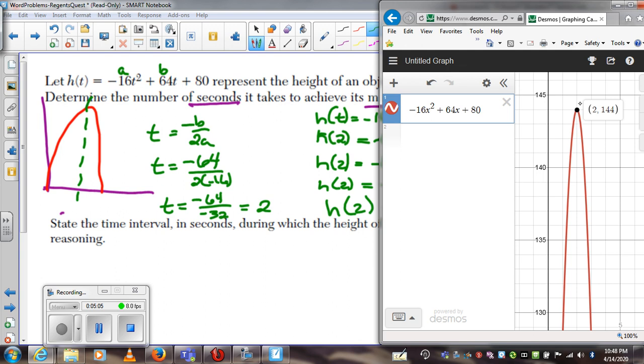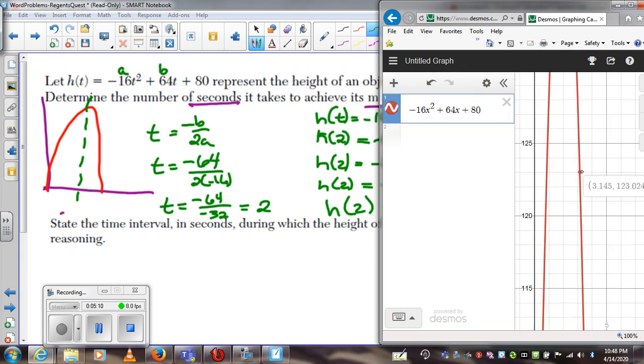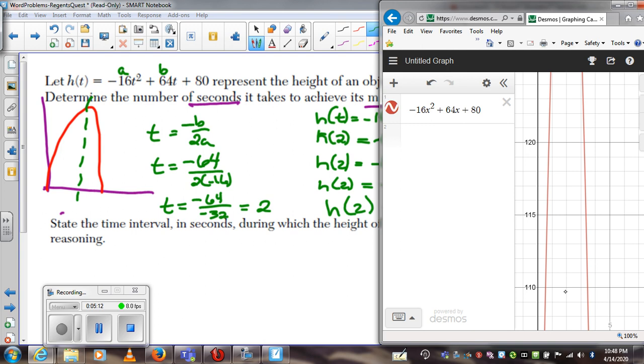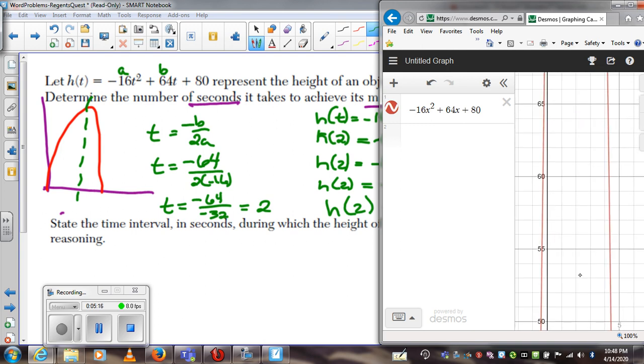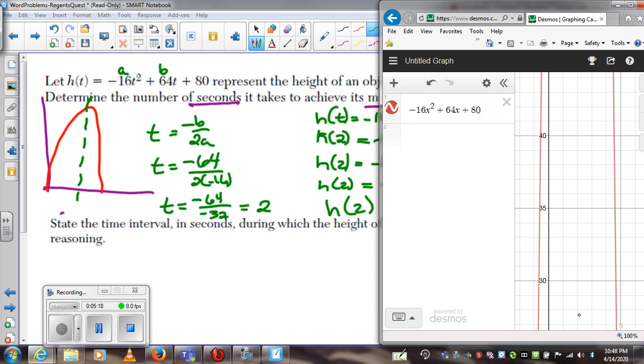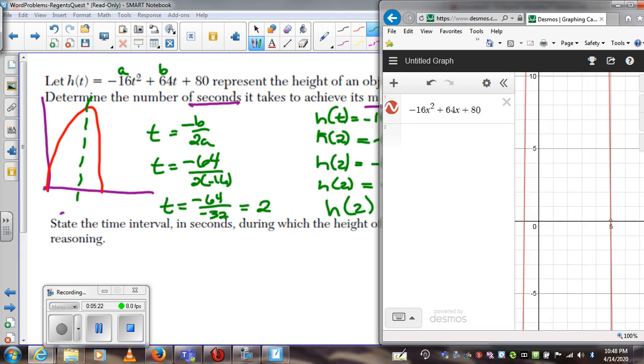Right here is when it starts decreasing. Now it's going to continue to decrease until it hits the x-axis. So I'm scrolling down here. It's going to hit the x-axis, it looks like, right here at 5.